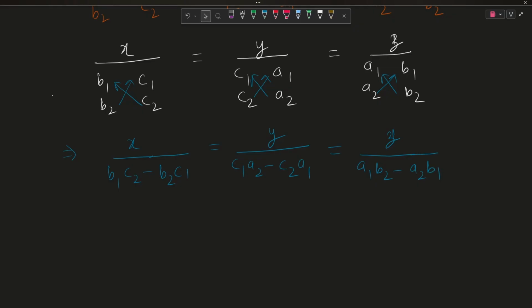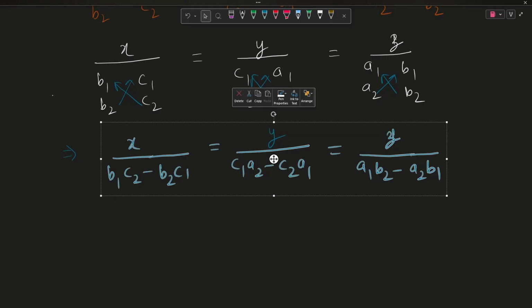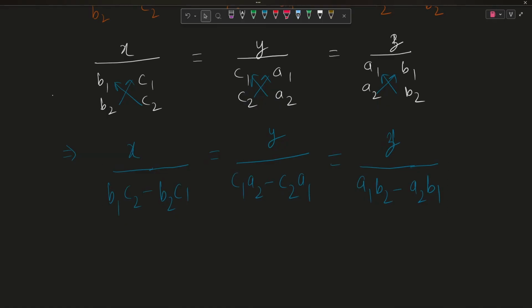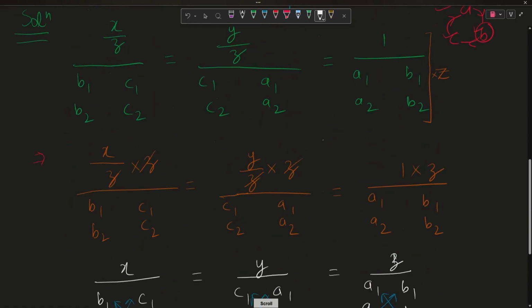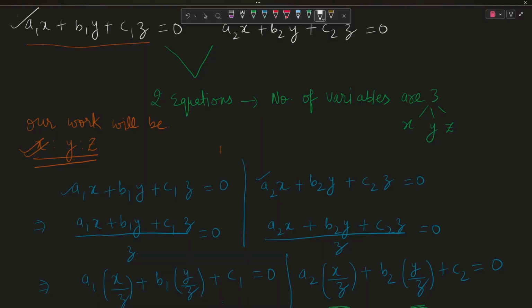This is the most important form that we are going to discuss. This is the only form which we will be considering to solve problems involving three variables of the type a1x plus b1y plus c1z and a2x plus b2y plus c2z.